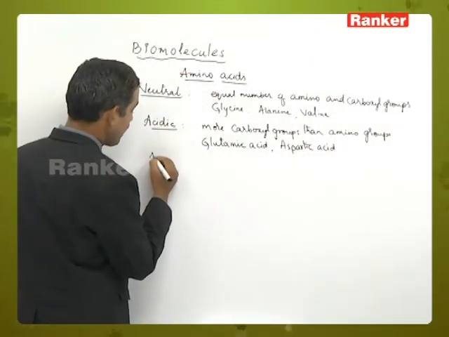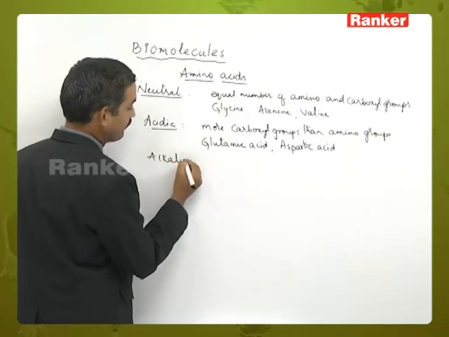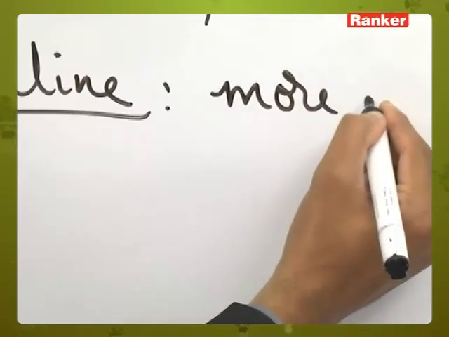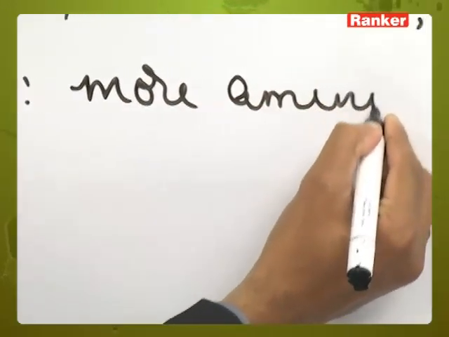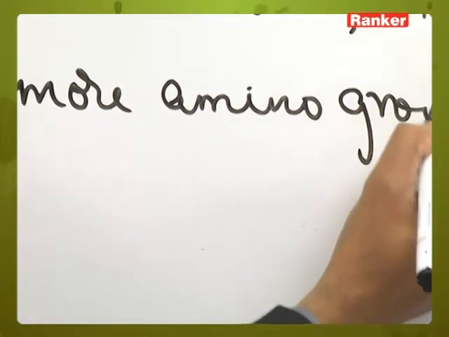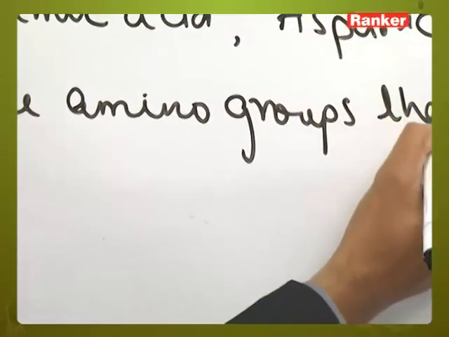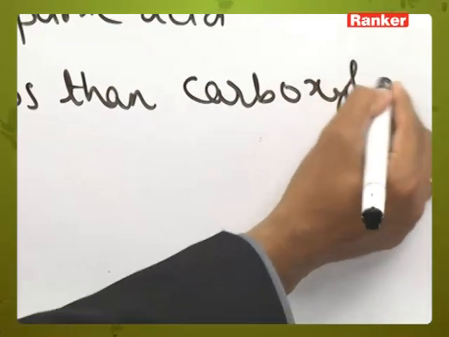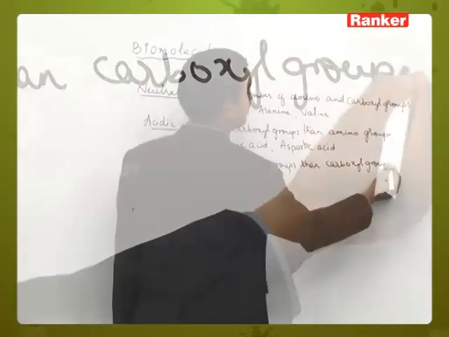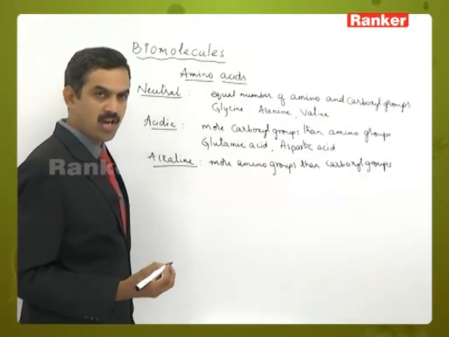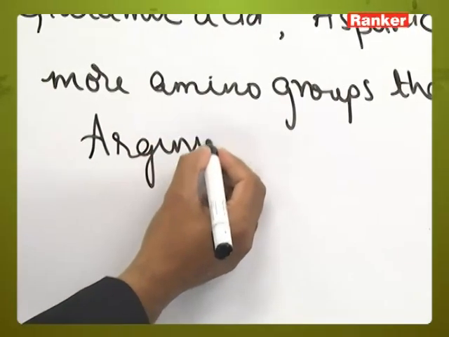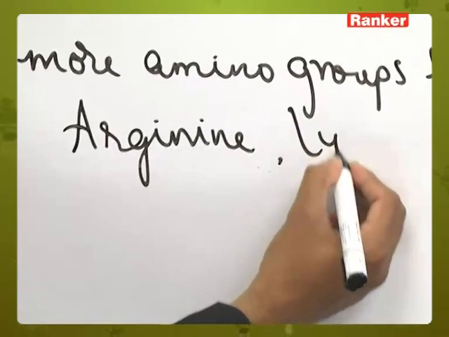Then alkaline amino acids, the ones which contain more amino groups when compared to carboxyl groups. Such amino acids are called alkaline amino acids, like arginine and lysine.